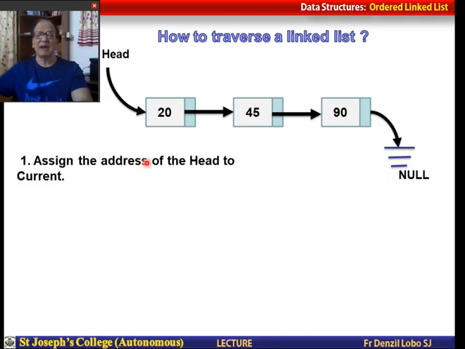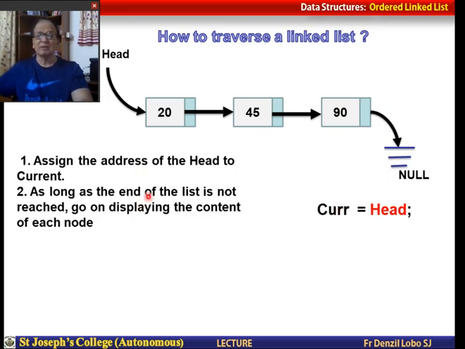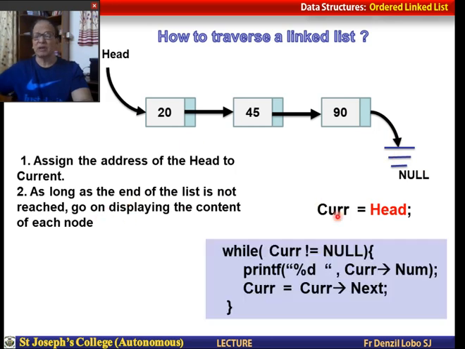First, assign the address of the head to a variable called current. Once you have done that, then you say as long as the end of the list is not reached, or as long as current is not equal to null, go and display the content of each node. While current is not null, print the content of the current node and go to the next.